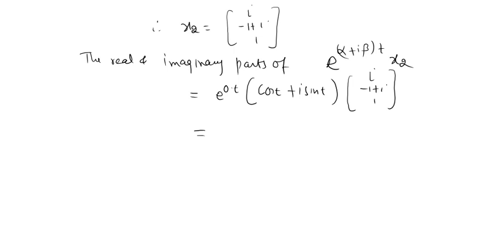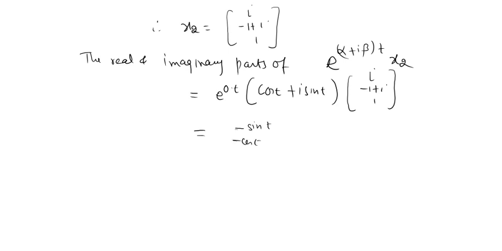First, cos t with i, and i squared gives minus sin t.